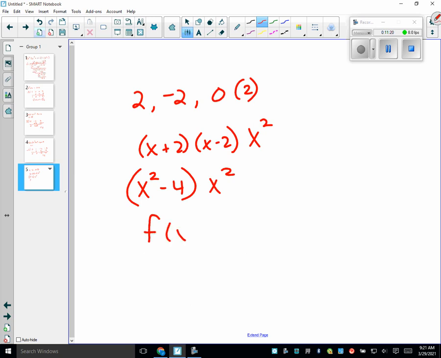So f of x is x to the fourth minus 4x squared. Right? Is that all right? Yeah. Because now we're ready to go to the one Kristen said was a whole page.